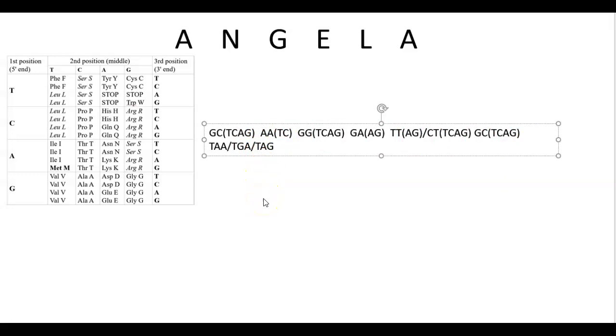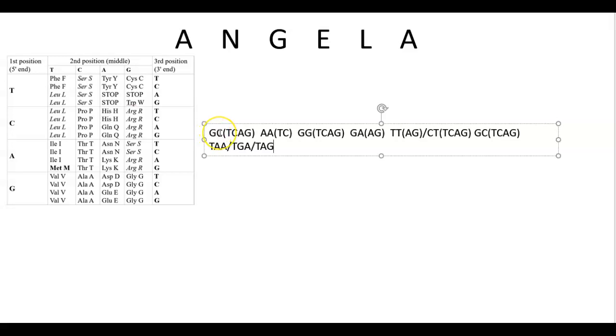And therefore, what we can do is we can now write the name that we have, and wherever we have this degenerate code, we just pick some that we quite like.